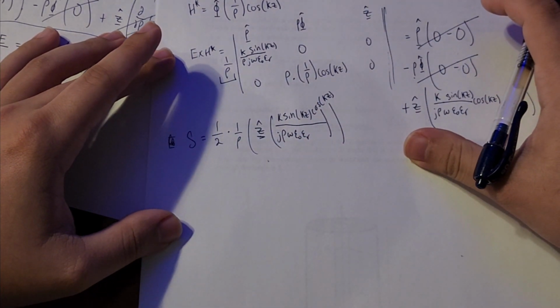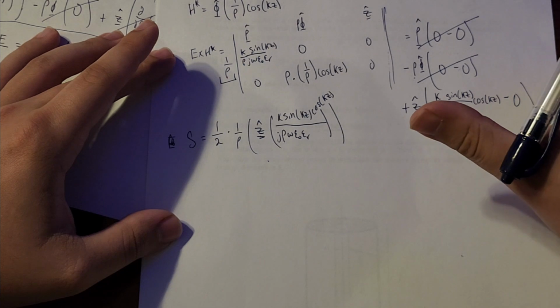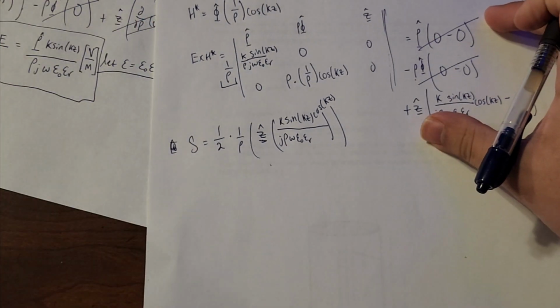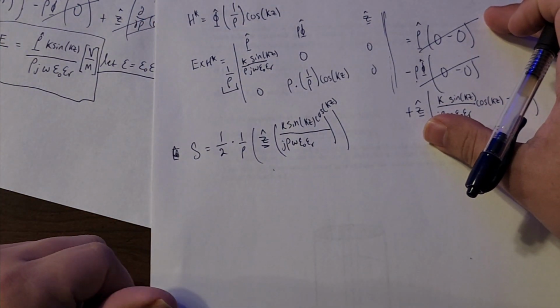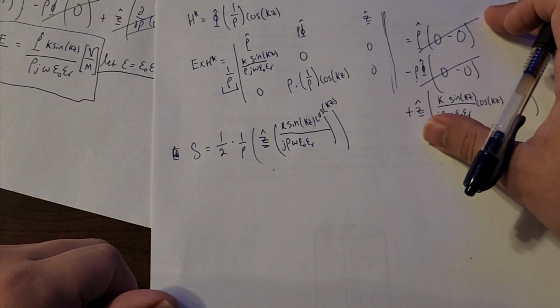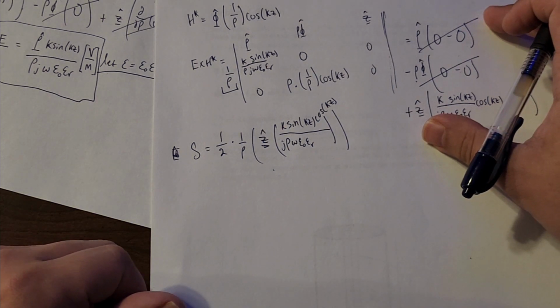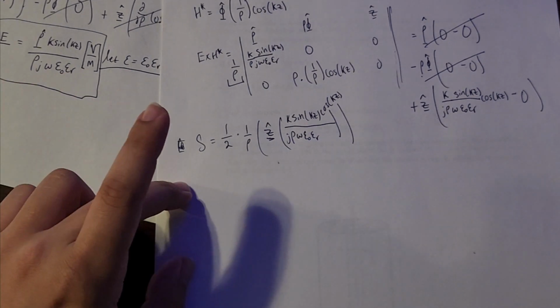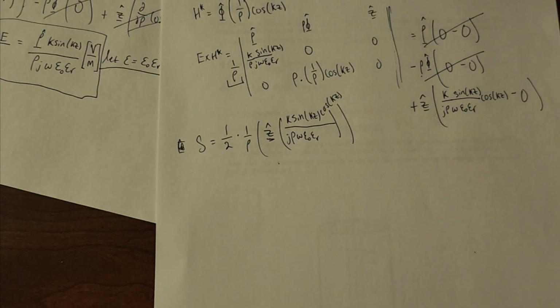Now, what is it asking for? It's asking for the time average power in watts and reactive power. Okay, well, how do we get complex power? Because this isn't complex power. This is the Poynting vector. But we said we got the complex power by doing what?